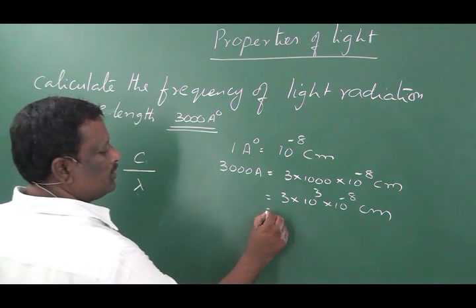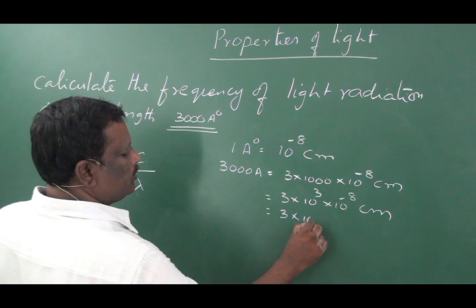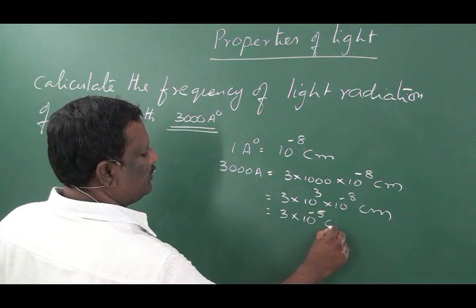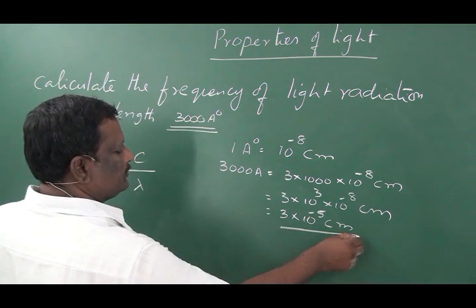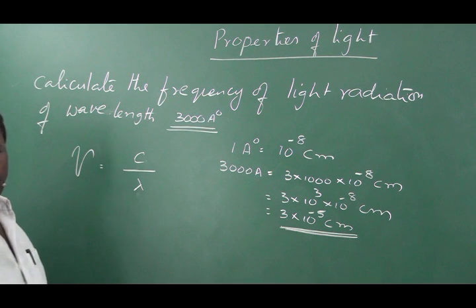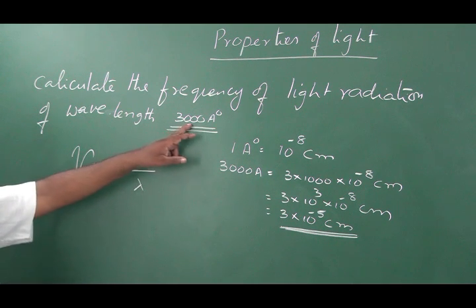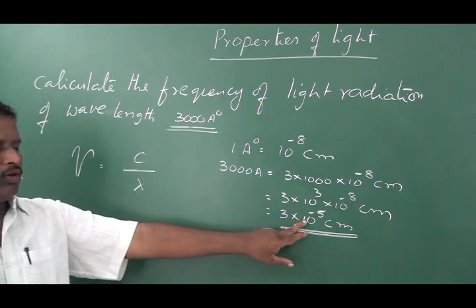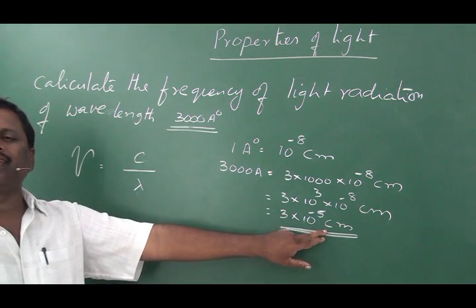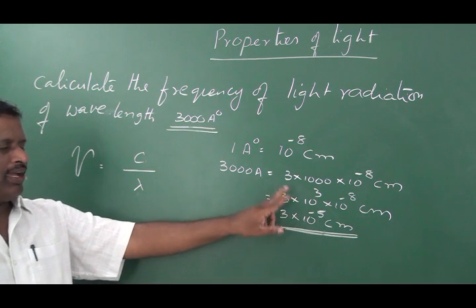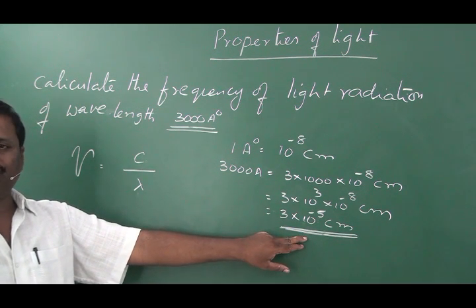That is equal to 3 into 10 to the power minus 5 centimeters. That is lambda in centimeters. Now we converted angstroms into centimeters.